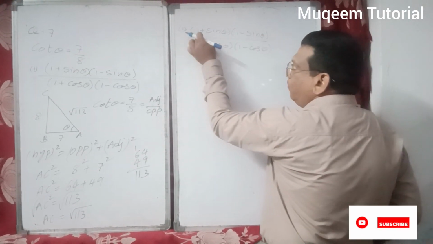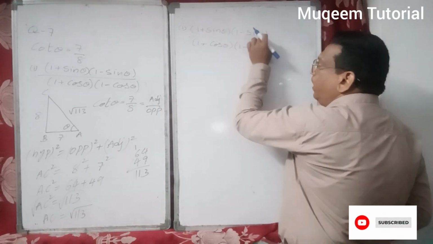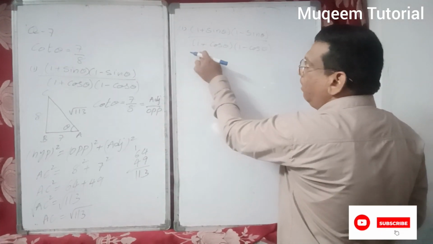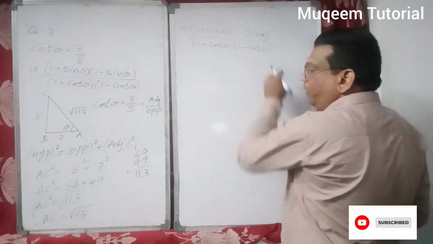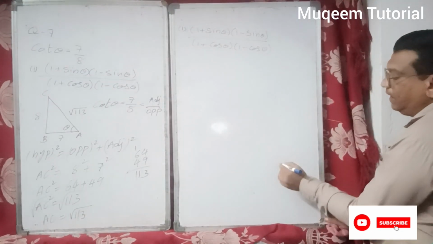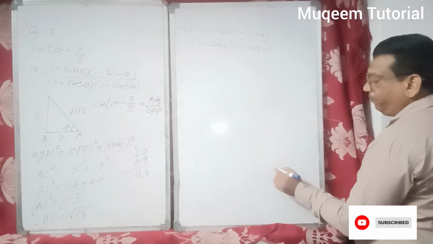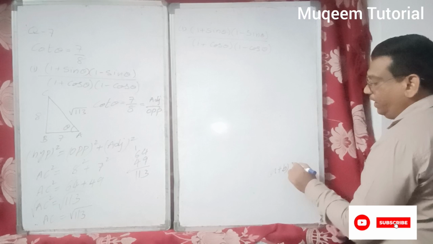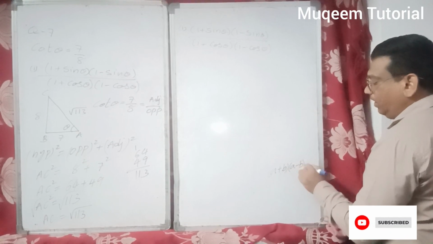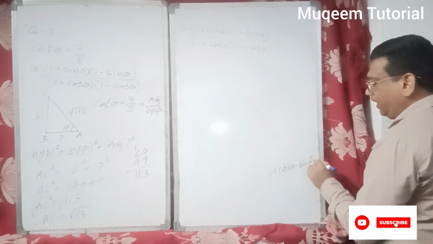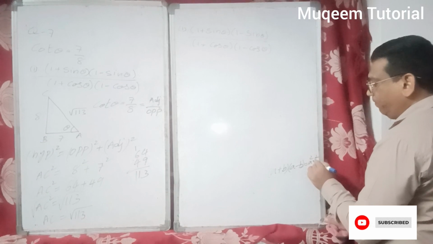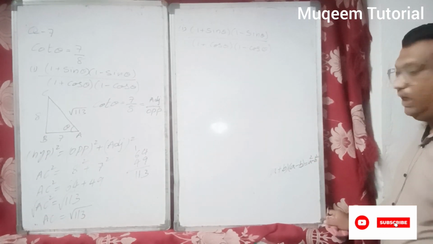That means it looks like a plus b into a minus b, and this one also looks like a plus b into a minus b. We know the formula: a plus b into a minus b is equal to a square minus b square.